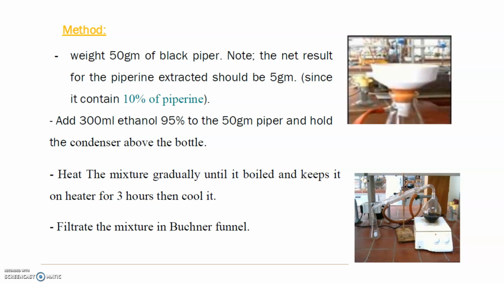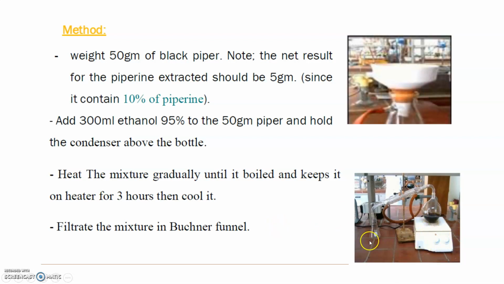Note, the net result for the piperine extract should be 5 gram since it contains 10% piperine. Add 300 ml ethanol 95% to the 50 gram pepper and hold the condenser above the bottle. Then heat the mixture gradually until it boils and keep it on the heater for 3 hours, then cool it. You can see the second setup here: condenser, receiver, and heating mantle.